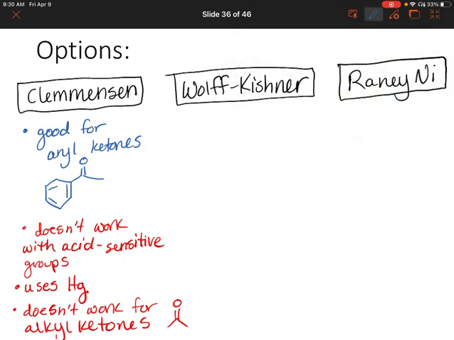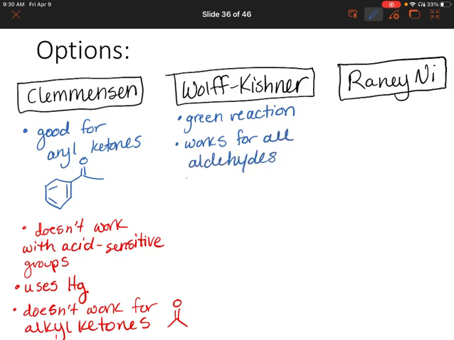So the Wolff-Kishner reduction, that is a green reaction, which is great. It works for all aldehydes and ketones. However, again, this does not work for certain functional groups that are sensitive to bases.